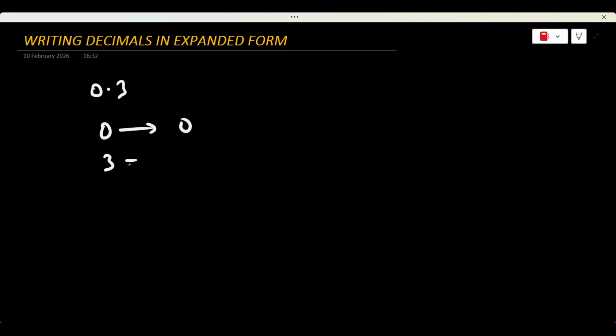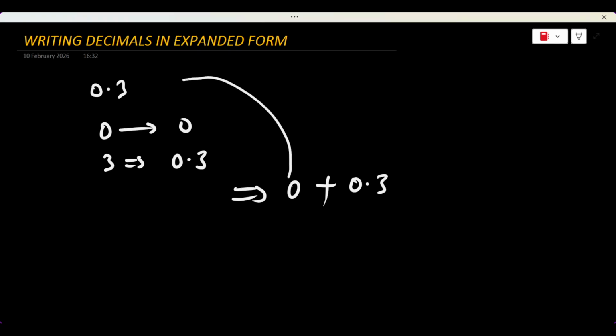And then the 3 is at the tenths, so it's written as 0.3. So in expanded form, it's going to be 0 plus 0.3. I hope that is clear.